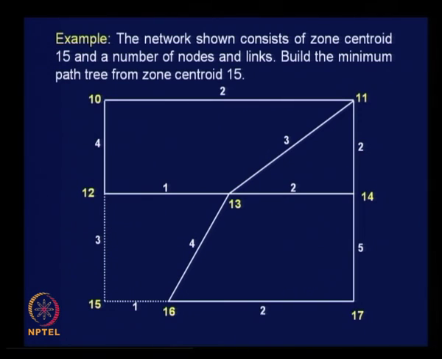We are just taking a small segment of the network connected to one zone centroid, and trying to understand the principle of the minimum path tree to reach all the other nodes, right. And we will see how to go about doing this exercise in the next class.